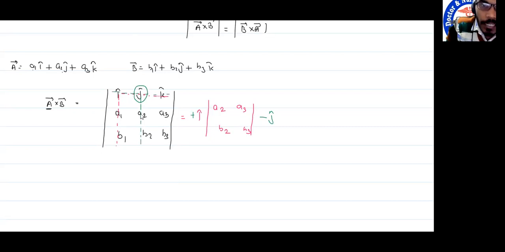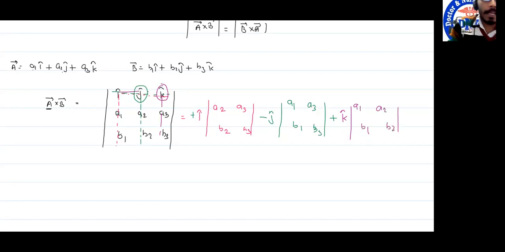You only find these four elements: A1, A3, B1, B3. So here we write A1, A3, B1, B3. In the same manner, if we select k cap, delete this, so you get A1, A2, B1, B2.